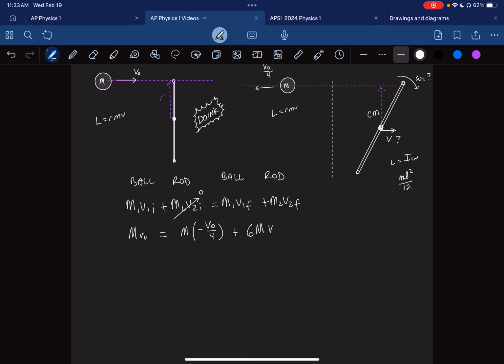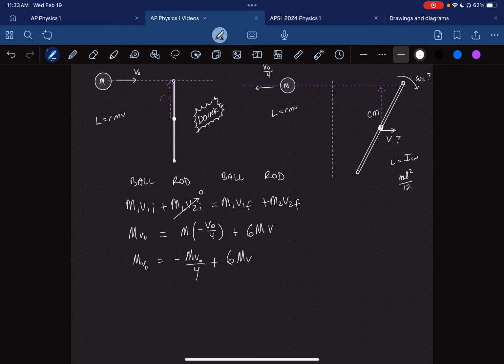We're going to solve this equation for v. This is negative m v naught over 4. Just keep in mind that v naught is supposed to be a subscript. I write it terribly on the iPad.